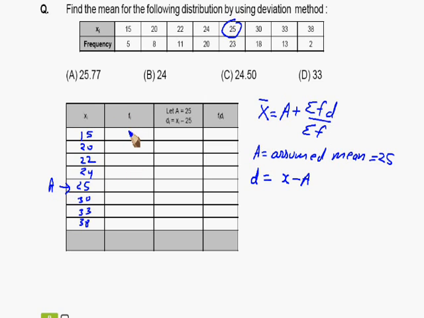And their corresponding frequencies are 5, 8, 11, 20, 23, 18, 13 and 2.